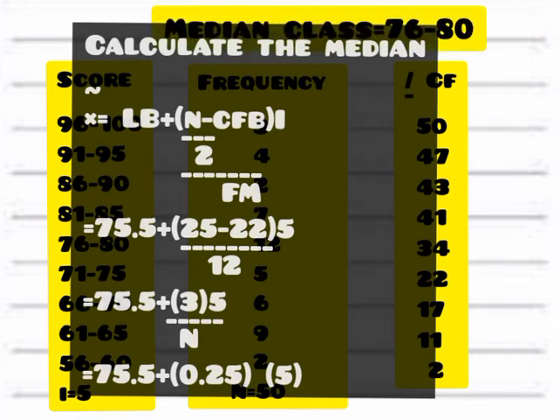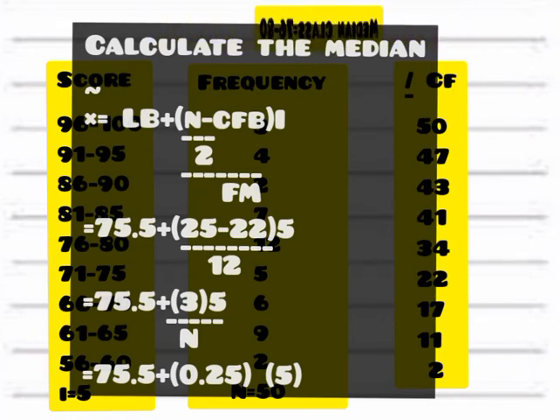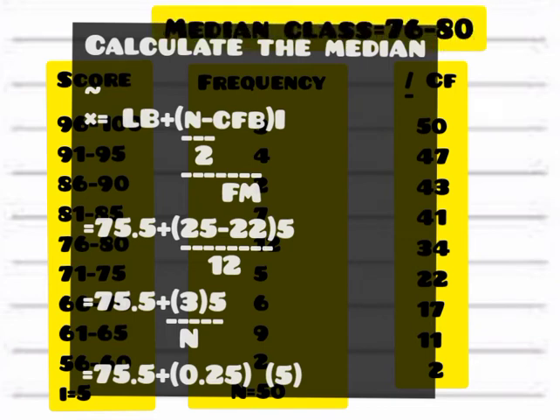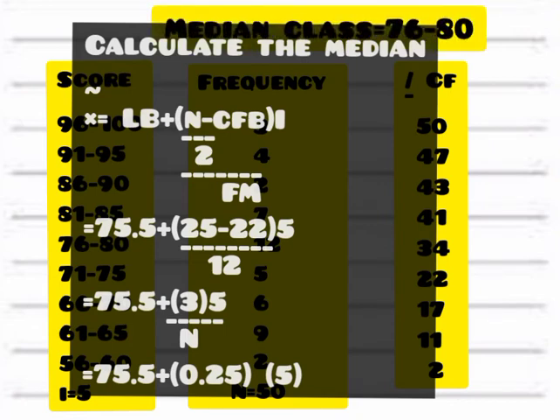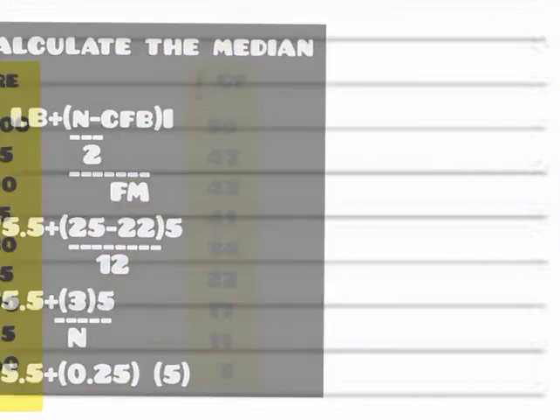Next, 75.5 plus the product of 0.25 and 5, and that is 1.25. So our last step is to add 75.5 plus 1.25. The sum we get is 76.75.